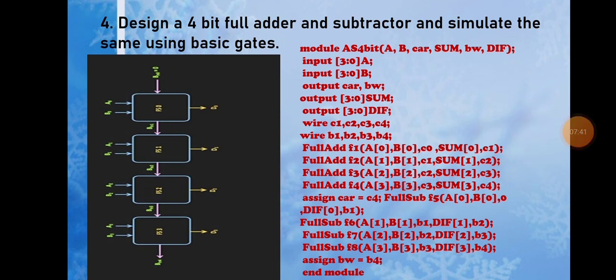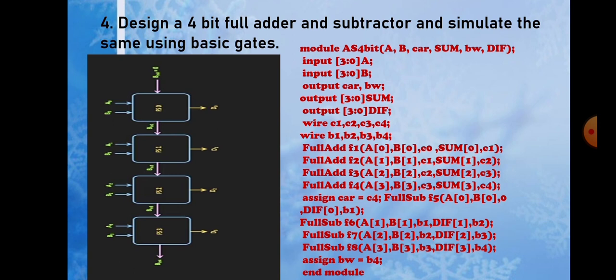So here the 4th lab assignment, that is design a 4-bit full adder and subtractor and simulate the same using basic gates. Here we discuss the 4-bit binary adder or subtractor. With the help of a single circuit, we are going to perform 2 binary operations such as addition and subtraction. Here we have 2 binary numbers, A and B, where each number contains 4 bits.